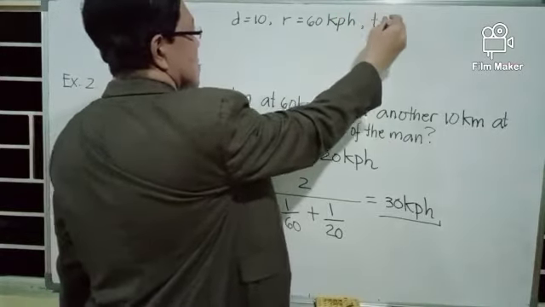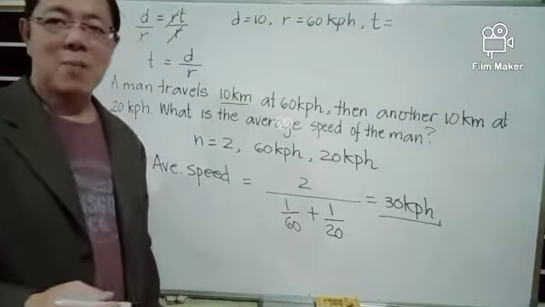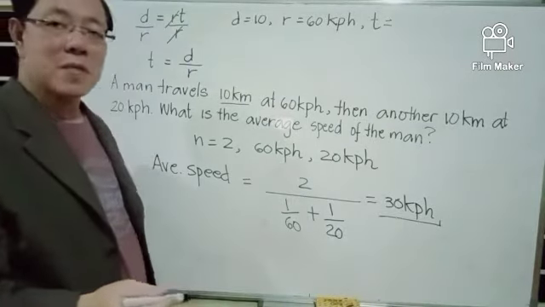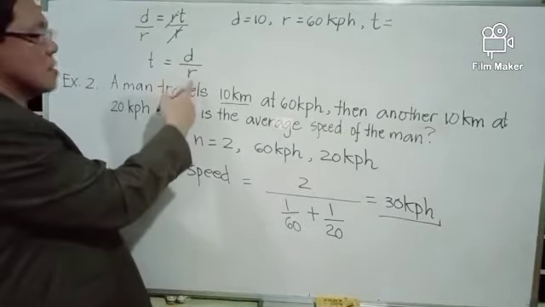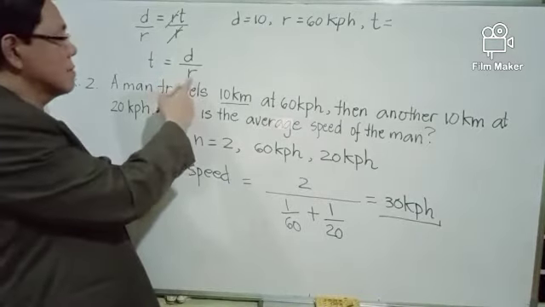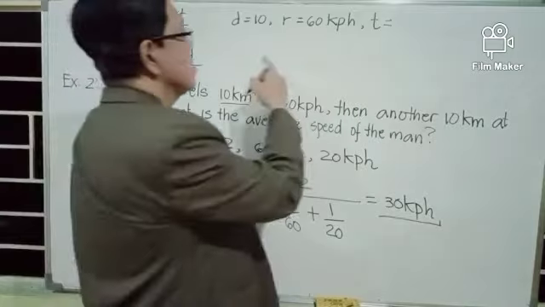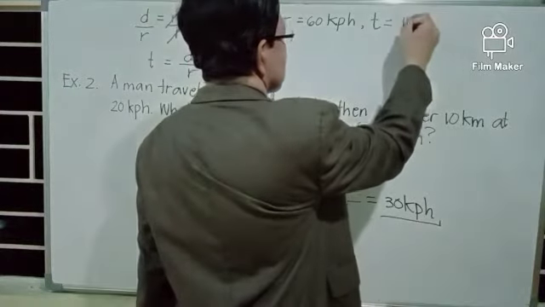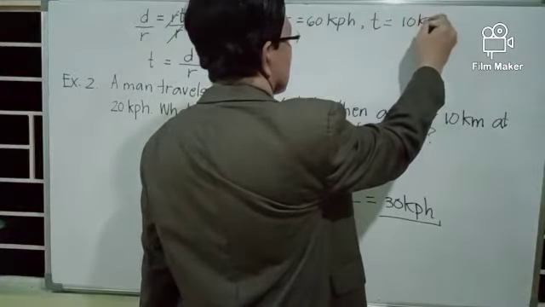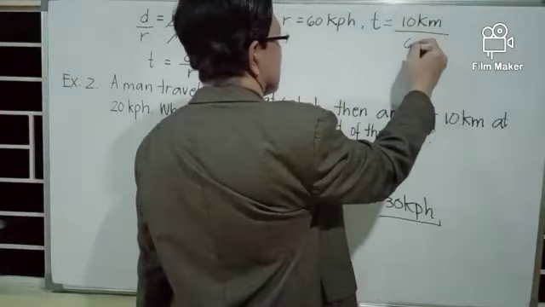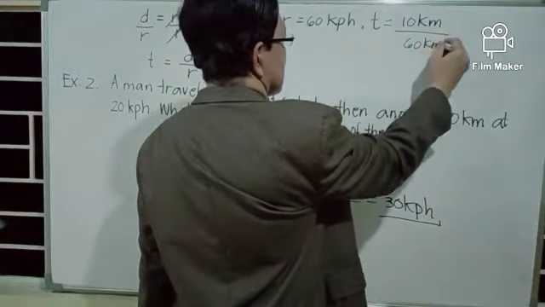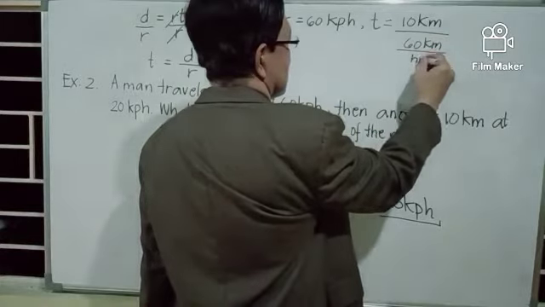And so, the time elapsed for the first 10 kilometers is distance divided by speed: 10 kilometers divided by speed, 60 kilometers per hour.